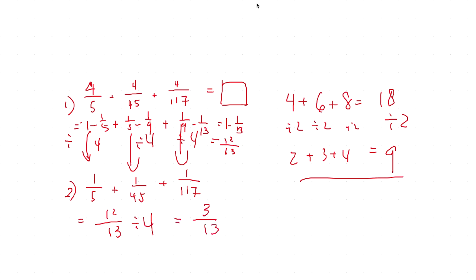Okay, so I'm going to show you how to do it step by step. Okay, so first one, 1 over 5 equals what? Equals 1 minus 1 over 5 divided by 4. 1 over 45 equals what?